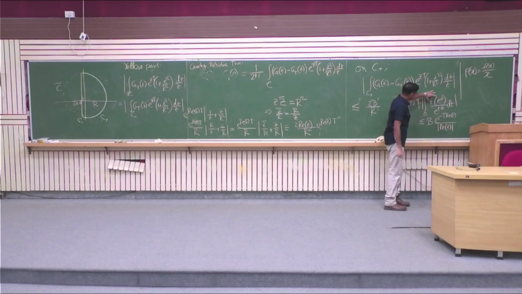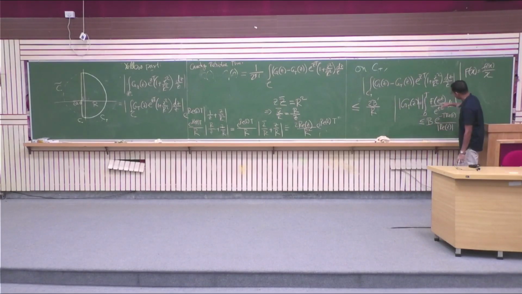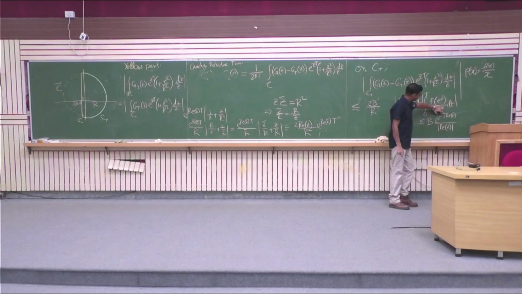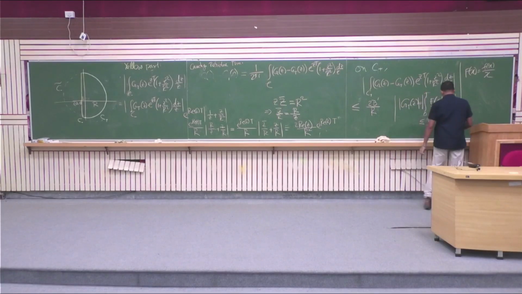So b is a bound for this, and then we are basically putting the limiting values of this in this, and therefore this should be just e power 1 by real part of z, right? Okay, yeah.